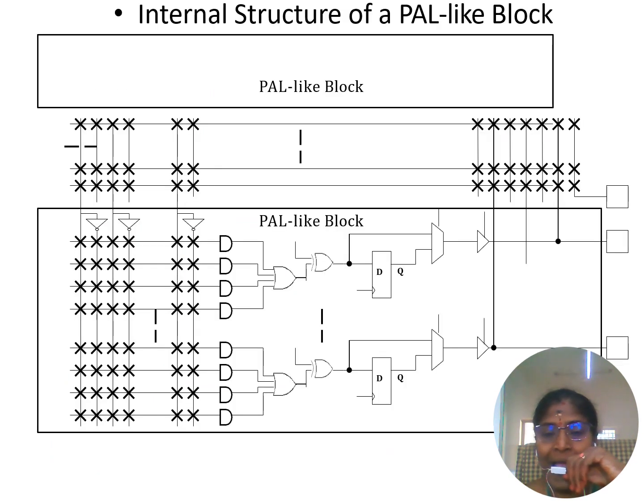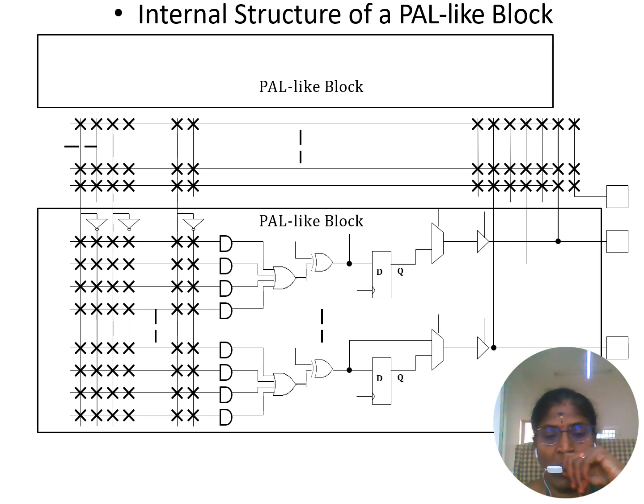We have the PAL-like block. There are a number of PAL structures present. Each structure output is connected to the macro cell. So we have seen this structure and this structure separately. Combining these two is called a PAL-like block.